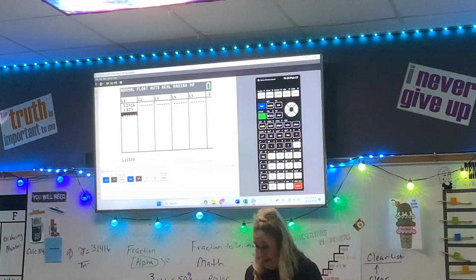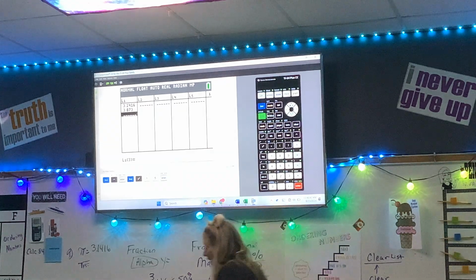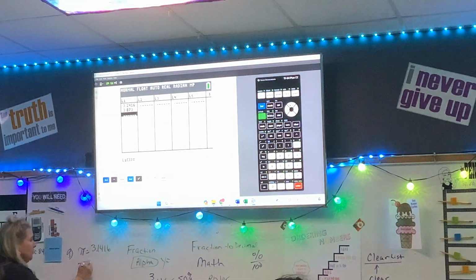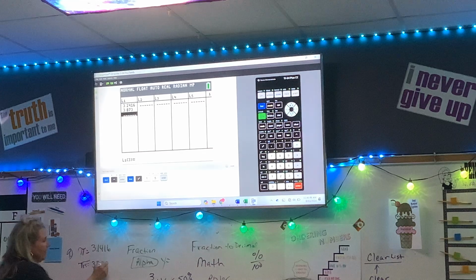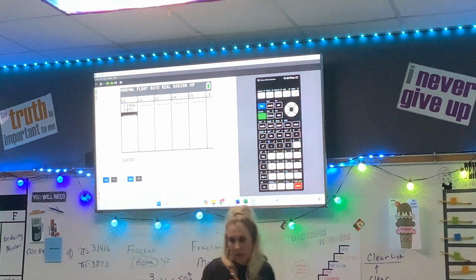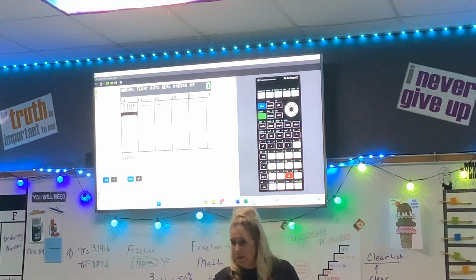And I need to rewrite it because it is not showing the square root of 15 on my calculator, is it? Okay, so if it does not show what you see on your paper, you have to rewrite it. That is my expectation. That is you showing your work. Okay? Now we're going to type in -3. It is not going to change.